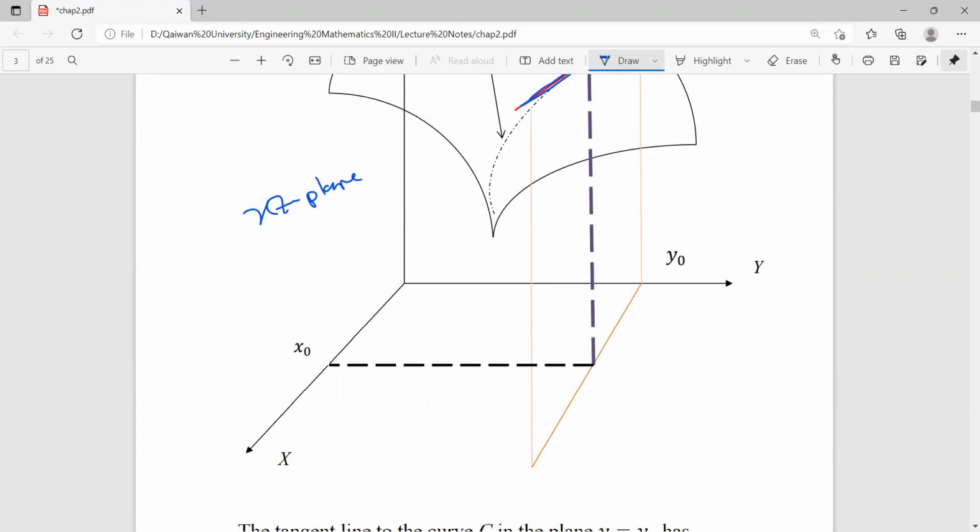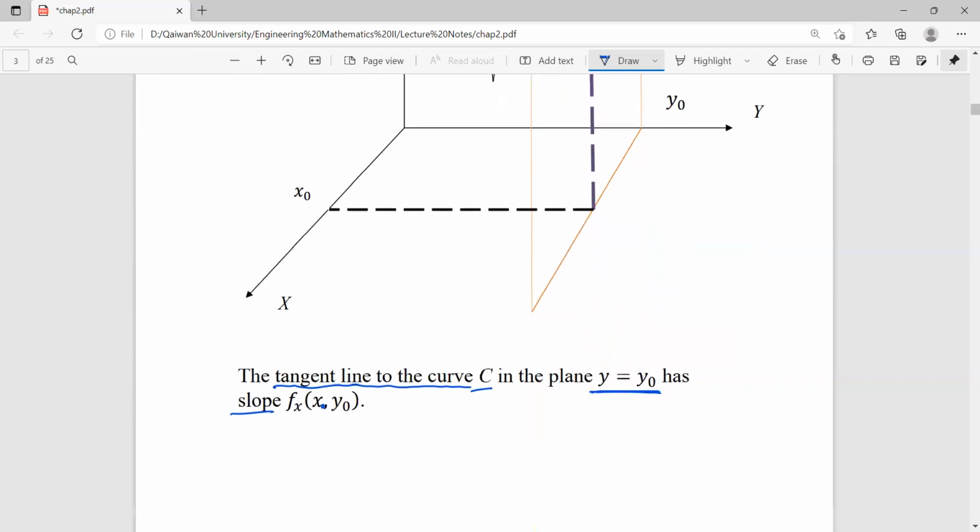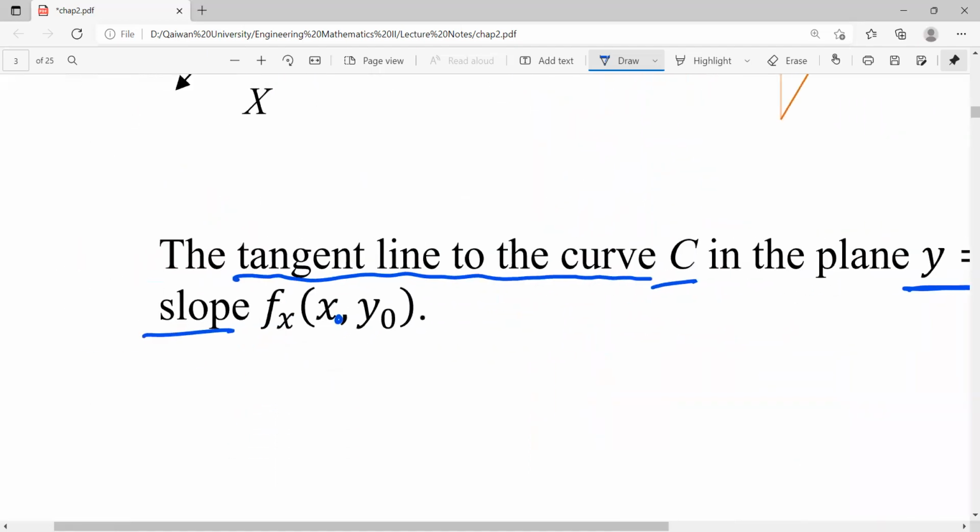This is parallel to what? To the xz plane. And here we have a tangent line. So the tangent line is also parallel to what? To the xz plane. We say the slope of this tangent line is equal to what? Equal to f sub x at x naught and y naught.